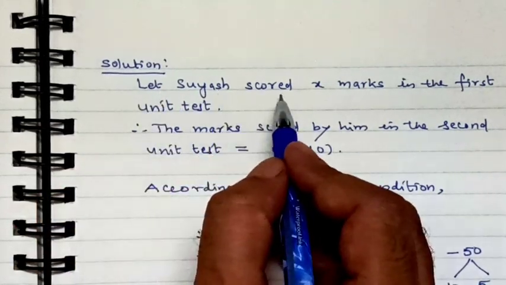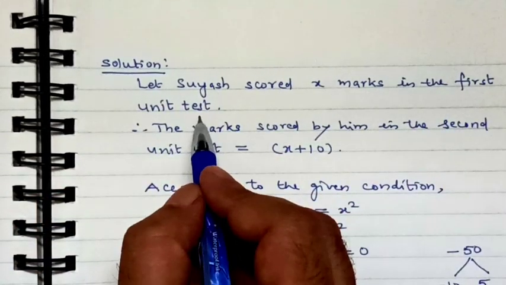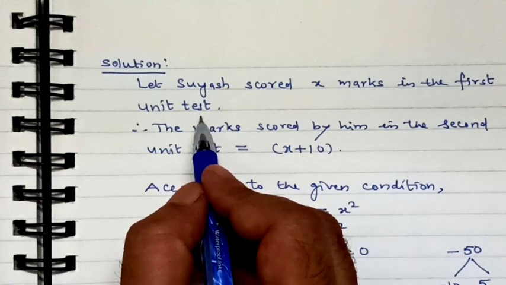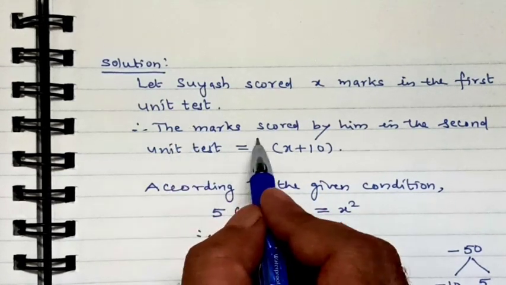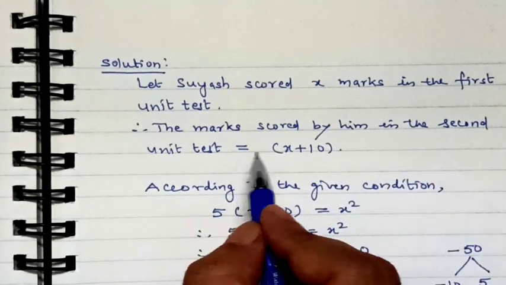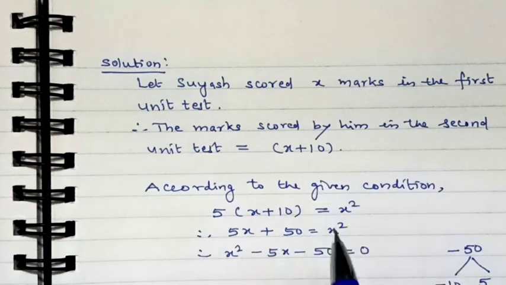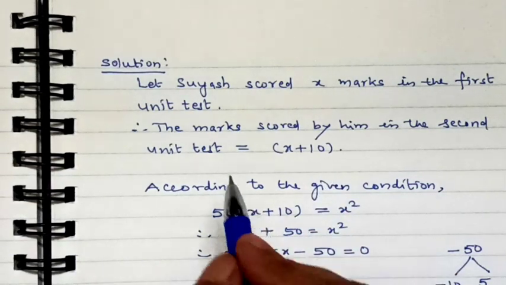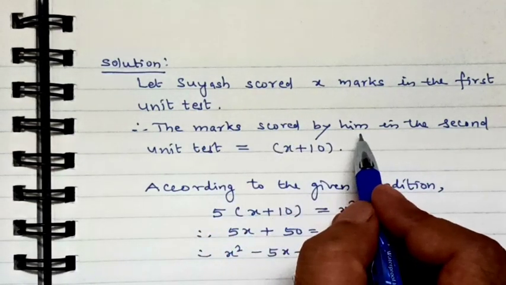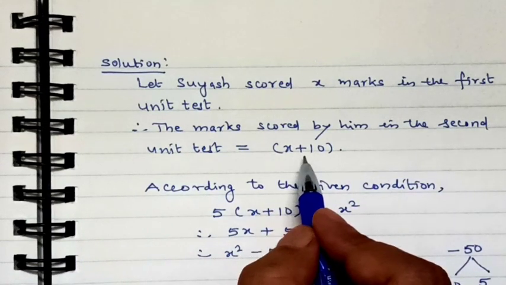Let Suyash scored x marks in the first unit test. In the second unit test he got 10 marks more. So I can write the marks scored by him in the second unit test is equal to x plus 10. He got less marks in the first unit test, whereas he got 10 marks more in the second unit test. So the marks scored in second unit test is equal to x plus 10.